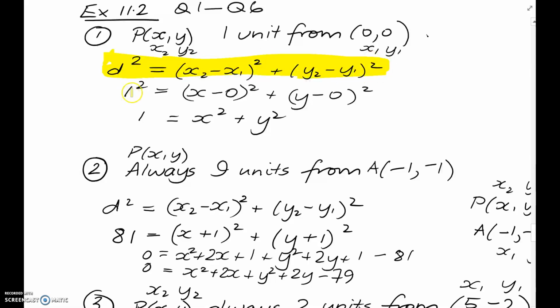I've written the distance formula in its squared form, so I don't have to write square roots all the time. So there's distance, 1, x minus x naught goes there, and then y minus y naught goes there. Okay, and then that's 1 equals x squared plus y squared.